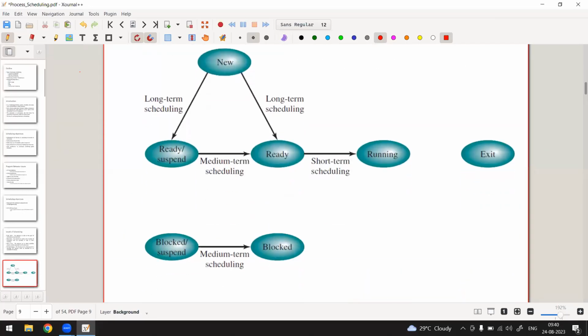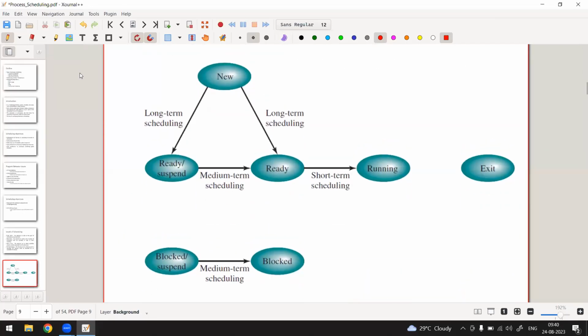Let us see it in a more intuitive way. So I think now you can understand in a proper way. When a newly created process is in the new state, whether to add the process in the ready suspended state or in the ready state is the decision taken by the long-term scheduler, right?